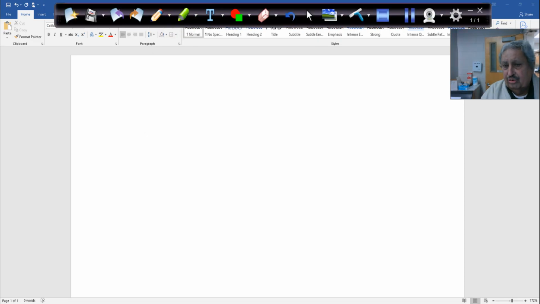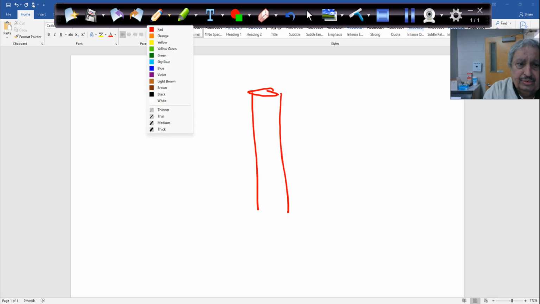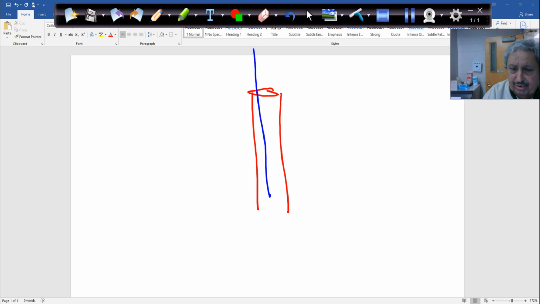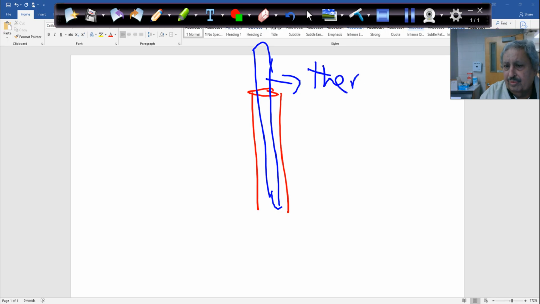The equipment, as you can see, has a hole. In this hole, your thermometer will come in. This is your thermometer, and this is the bottom of the thermometer, correct?